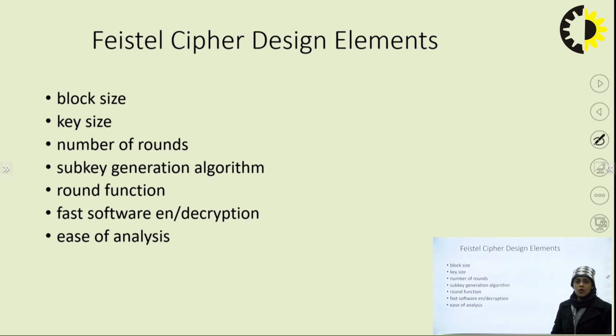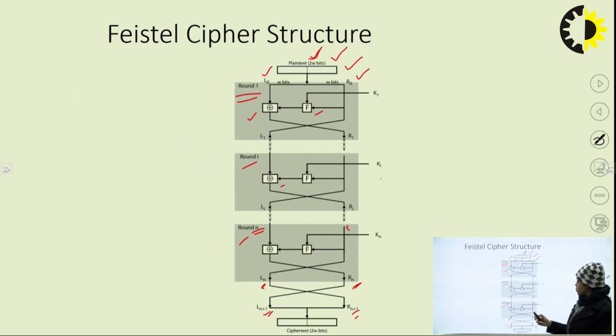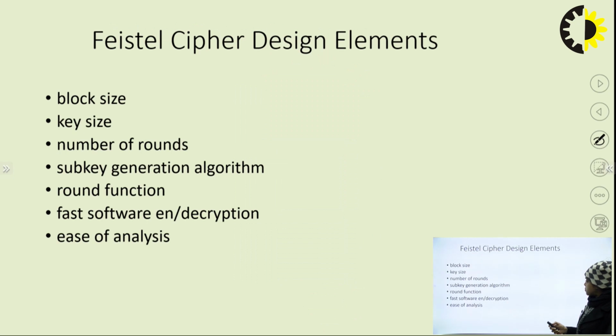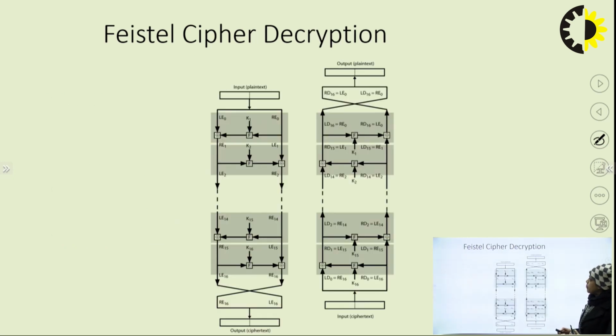Accordingly, we can increase or decrease the number n. Sub-key generation algorithm, whatever algorithm or Feistel Cipher function we are using in between. You can see over here, whatever logic we have used at this point F also plays an important role. The round function, fast software encryption and decryption, and we need something which is very easy for analysis. So all these are the important elements which contribute to the design of this Feistel Cipher.